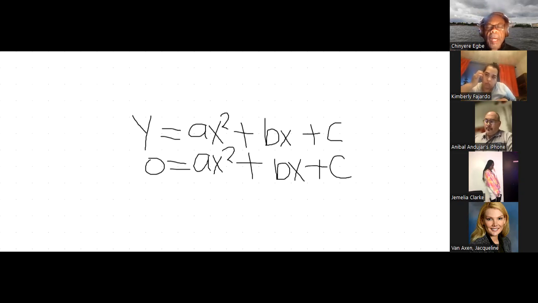Okay? And now the quadratic function is always where the first x is raised to the power 2. This is why it crosses the x-axis at a point where y is 0 at 2 points.